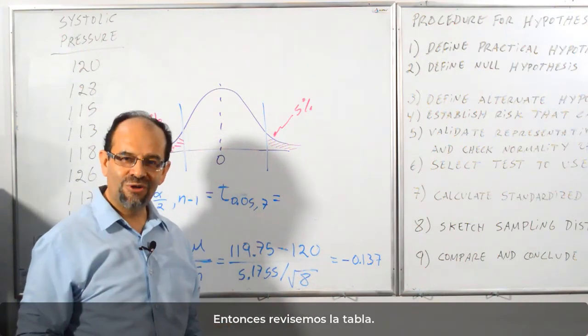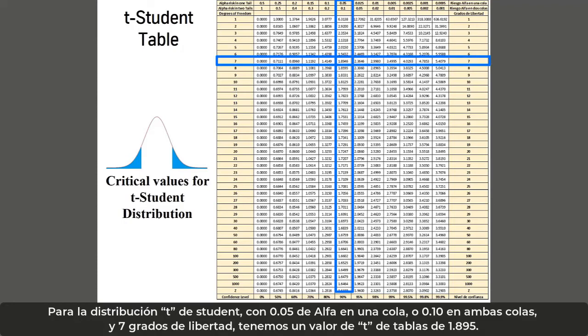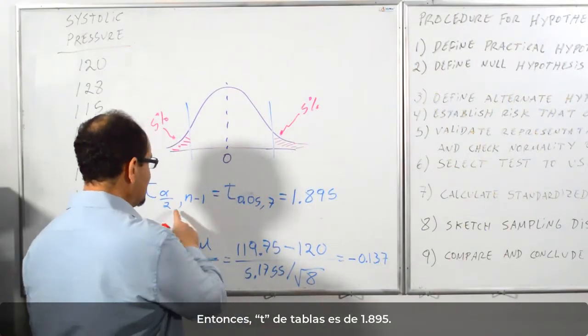Let's take a look at the table for the t-student distribution: alpha in one tail 0.05, in both tails 0.1, and degrees of freedom equal to 7, we get a t value from tables of 1.895.